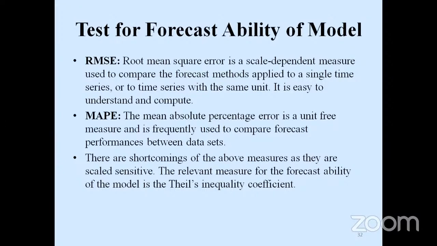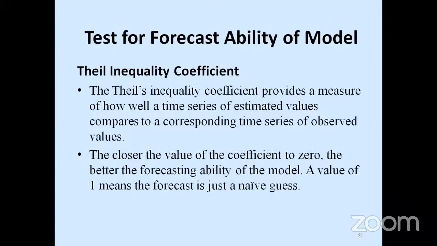And the next one is mean absolute percentage error. MAPE, the mean absolute percentage error, is a unit free measure. Generally, we use the percentage value to compare the forecast performances of data sets. So apart from these two, we have something called Theil's inequality coefficient to calculate the forecast ability. What is this Theil's inequality coefficient?